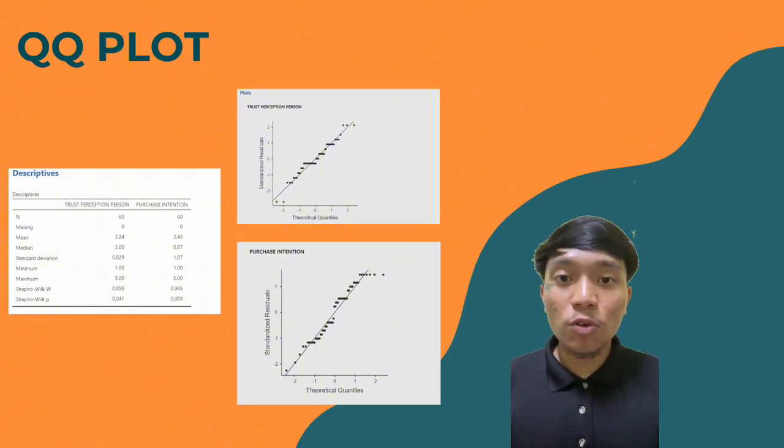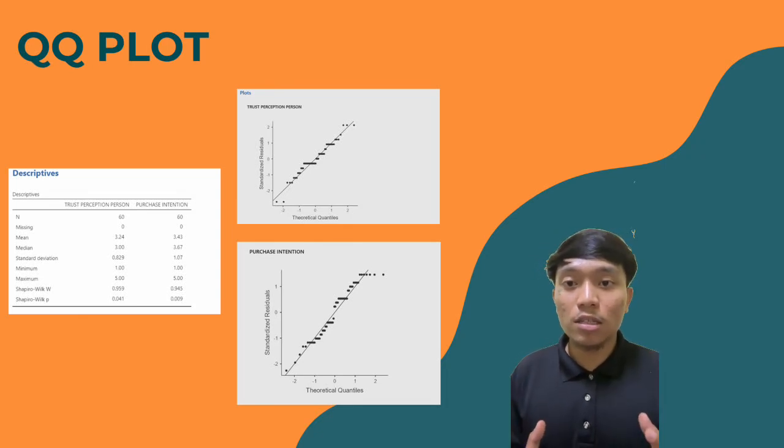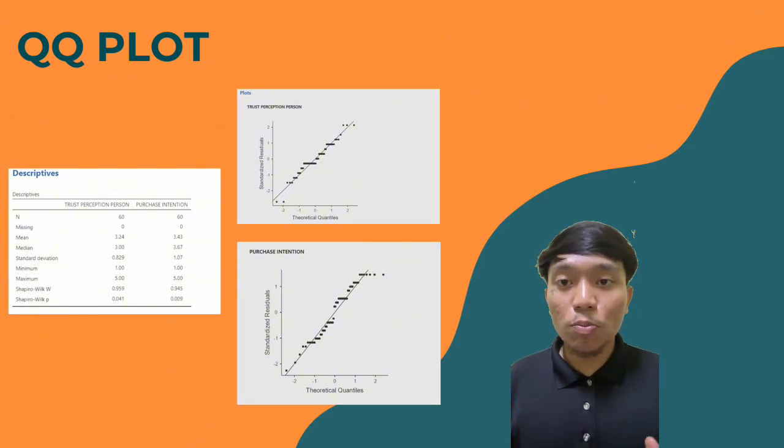In the Shapiro-Wilk test, if the p-value is greater than 0.05, the data is considered normally distributed. On the other hand, if the p-value is less than 0.05, the data is considered to deviate significantly from a normal distribution.